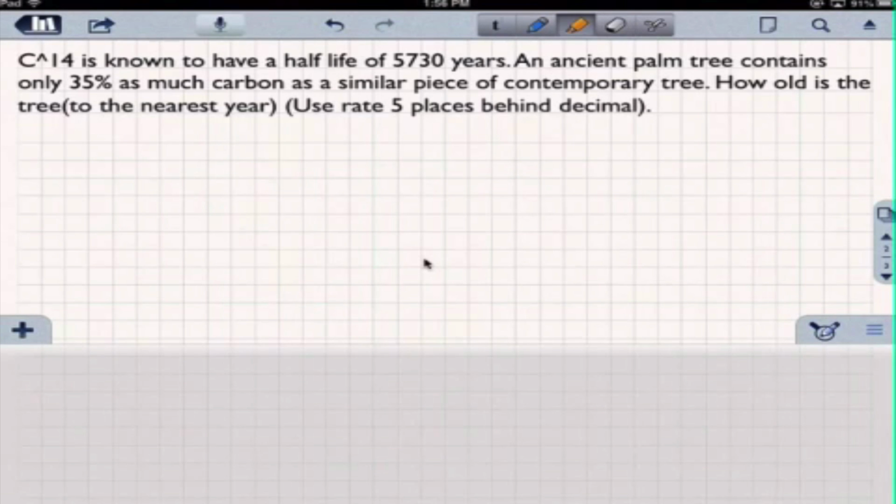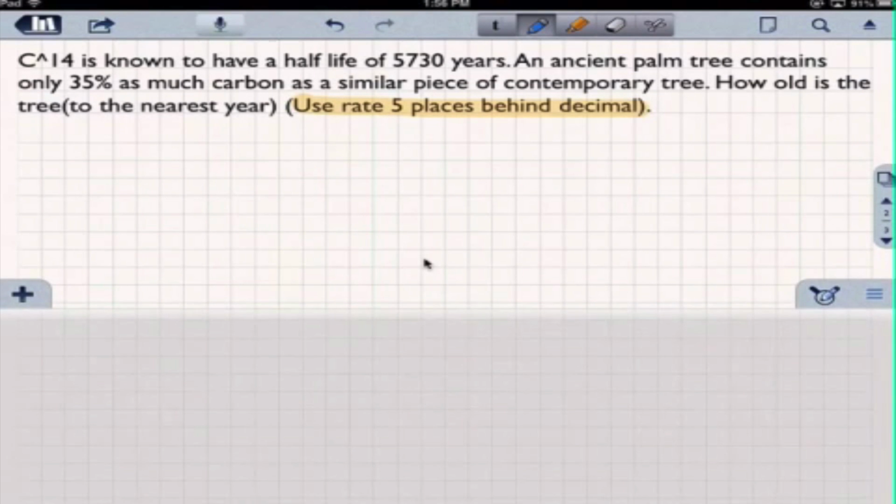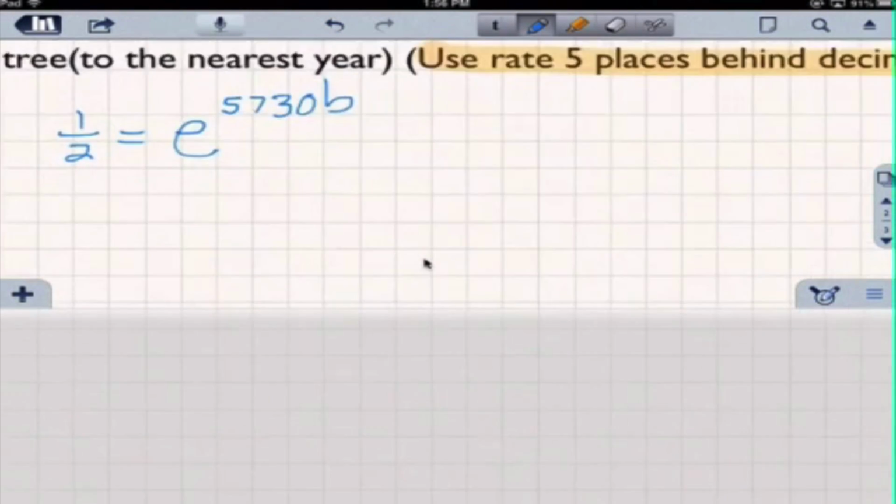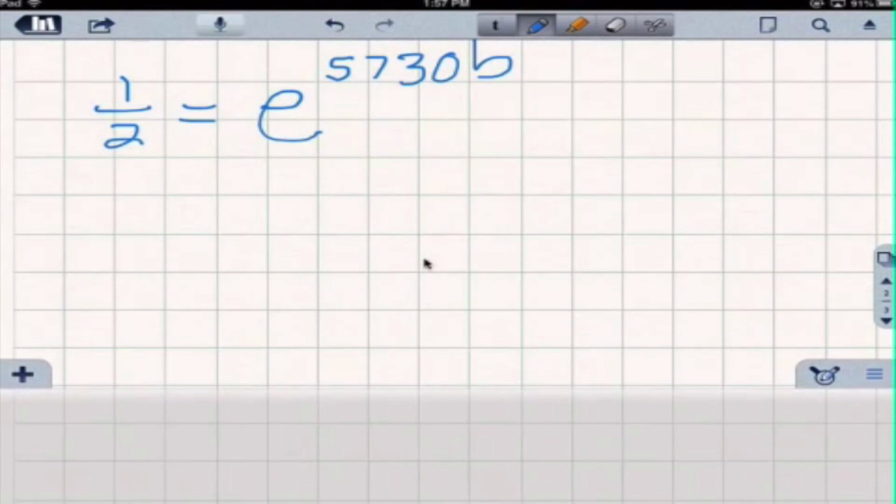Whenever they give us this little hint, use the rate to a certain amount, that tells me I don't have the rate. So the very first thing I'm going to have to do is find the rate. Since it's half-life, I'm going to do 1/2 equals e. I don't know the rate, but we know the time is 5,730. Oops, I shouldn't write T, I should write B. So I'm going to take an ln of both sides.